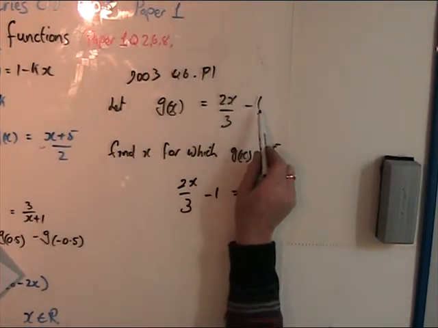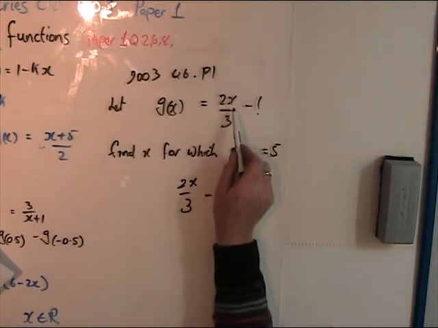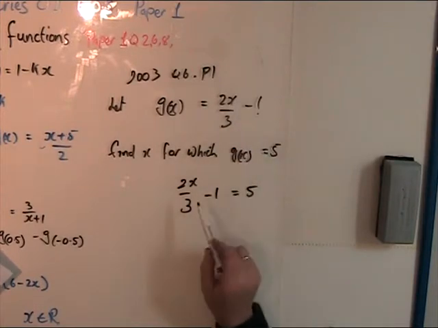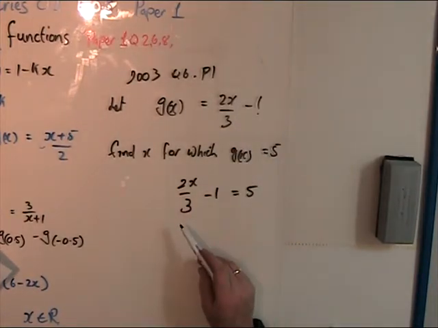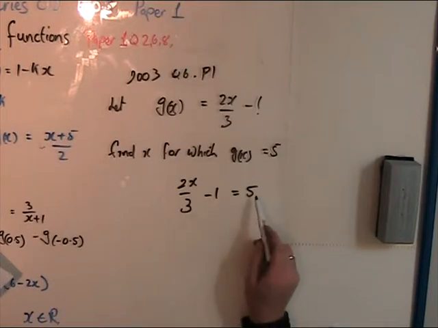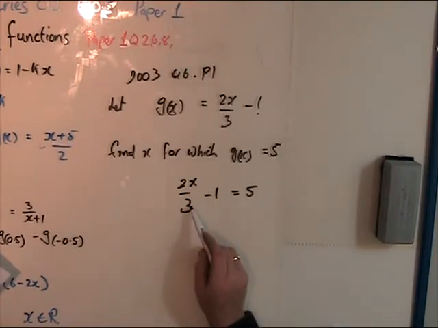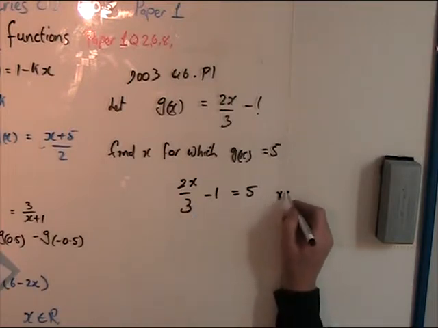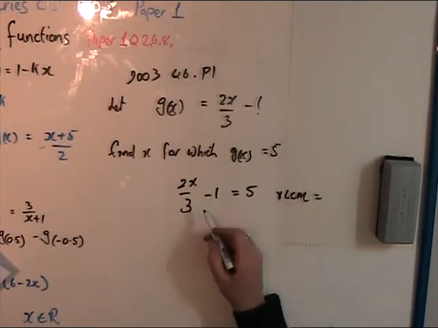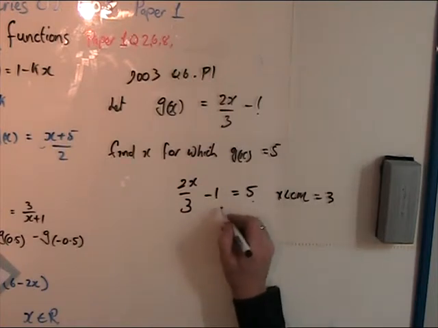Now notice that the minus 1 is out here. It's not on top with the 2x. Okay, that's very important, right? Very important. Now, what do I need to do to solve this equation? This has got an equal sign and it's got a fraction. I multiply across the top by the LCM, which is equal to 3, because this is over 1 and this is over 1.